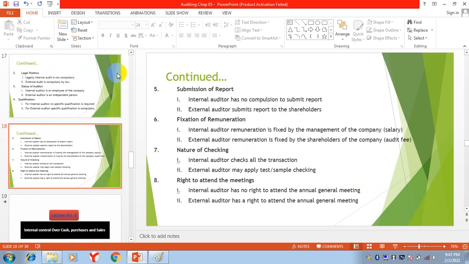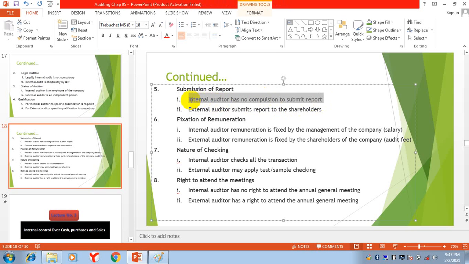Submission of report. Internal audit has no compulsion to submit report. There is no need of internal audit report, but external auditors submit reports to shareholders. It is compulsory that external auditor will submit a report to the shareholders. Fixation of remuneration means the payment, the salary.